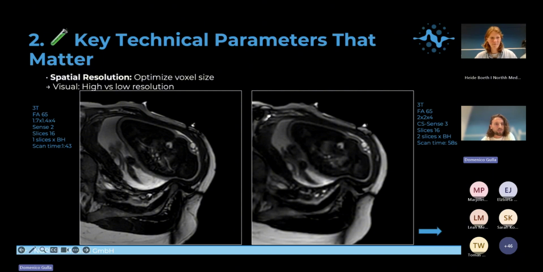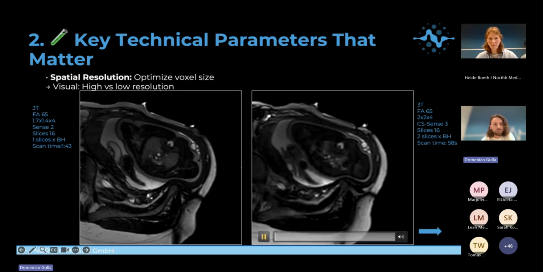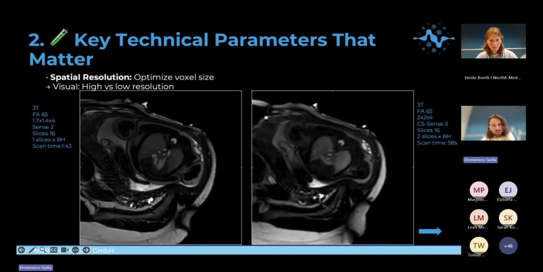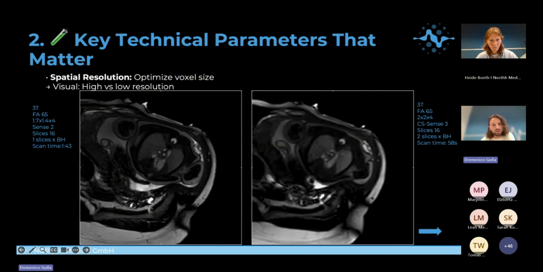In this case, a 3T scanner with a flip angle of 65, and you can see the resolution. I will just run the video, and let's wait a bit so everyone can see that. You can see the differences in the resolution. It's the same case.